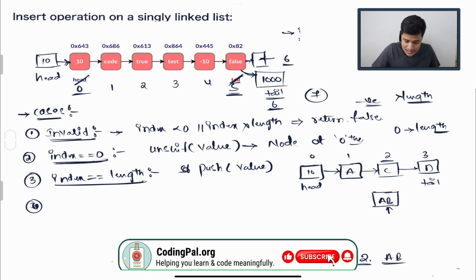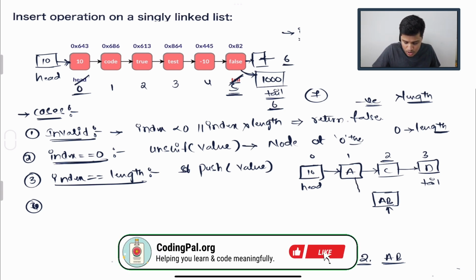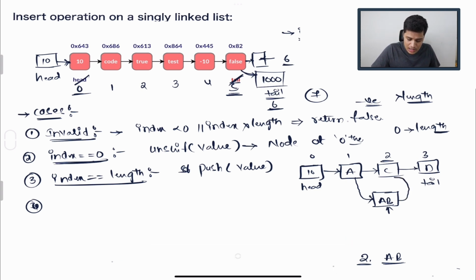That means that next of A should store the reference of AB. Similarly, the next of AB should store the reference of C. In this way, the old connection will be broken and new connections are established. As a result, AB will be available at index 2, C will be available at index 3, and D will be available at index 4.